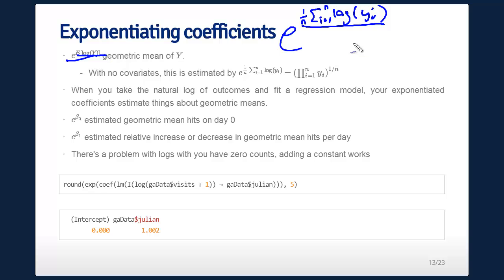It turns out that this is equal to the product, i equals 1 to n, of yi raised to the 1 over n power. At any rate, this is what probably most people have heard of as the geometric mean. But that's an estimator, and what's its estimand? Well, that guy is its estimand, right? That's what it's estimating. If you collect an infinite amount of data, it converges to that.